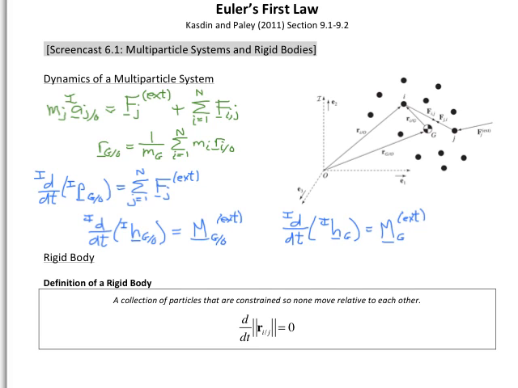Now these expressions will hold true for any system of particles. It doesn't matter how many particles there are. However, we noticed really quickly that these expressions became completely unwieldy when we had more than just a few particles, or if we didn't apply some severe constraints to the system to gain fewer degrees of freedom.